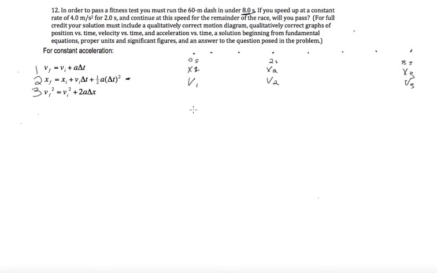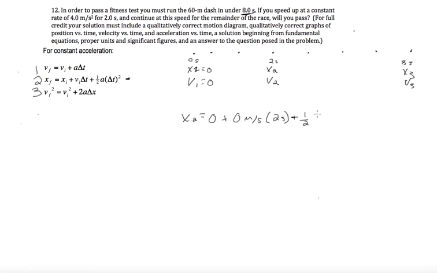We're going to be using the second equation here for position. So x2 equals x initial, which is 0 meters, plus initial velocity, and it's 2 seconds, but of course that won't really matter.